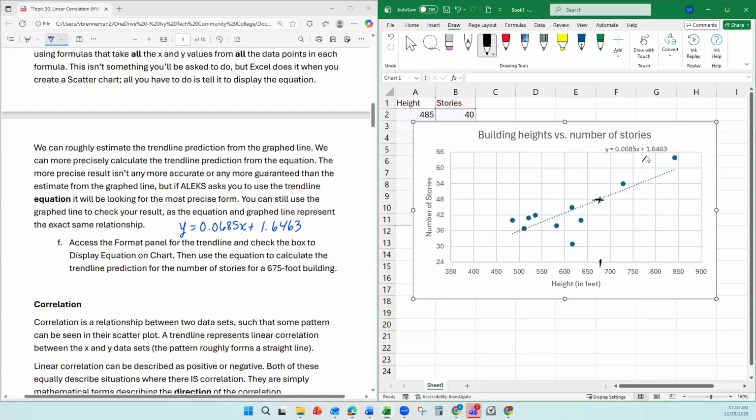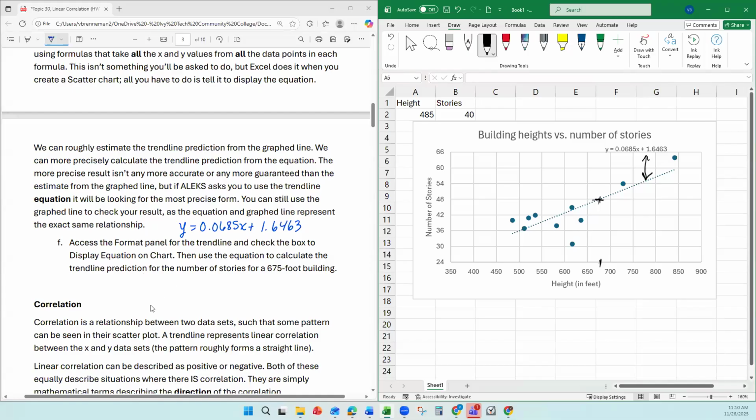They're two representations of that relation. So when I plug into the equation, I should get something close to 48. If not, I've made a mistake. It is going to, again, be more precise, but that doesn't make it more accurate or more correct or more guaranteed of a prediction. It's just more precise.